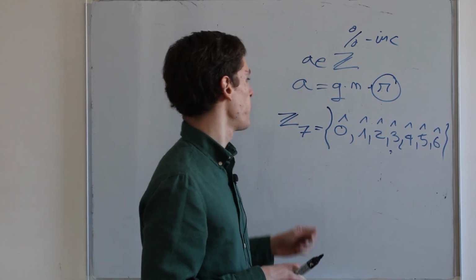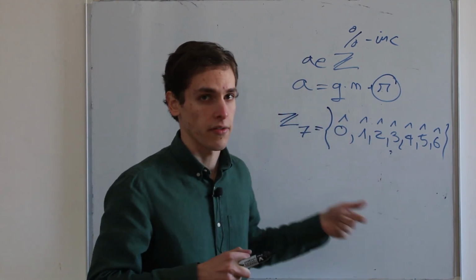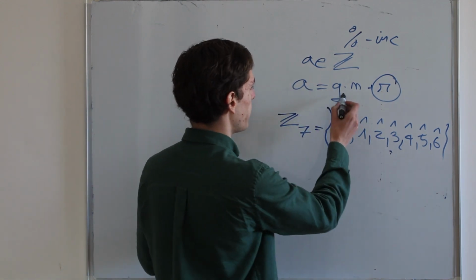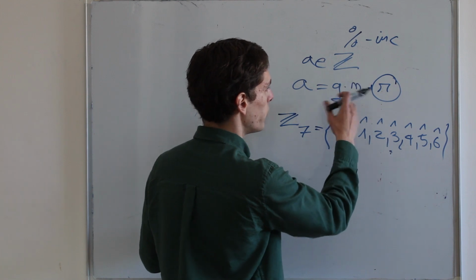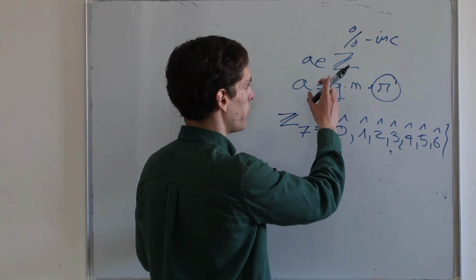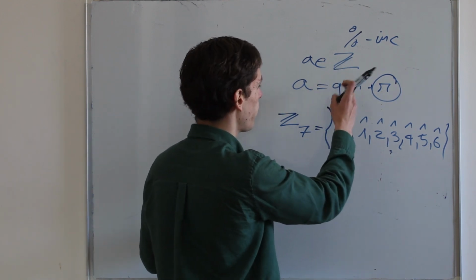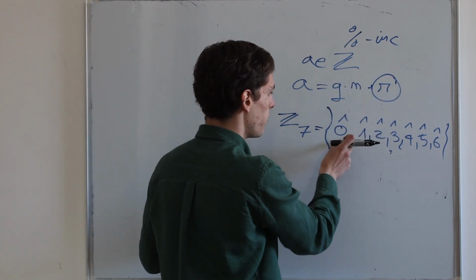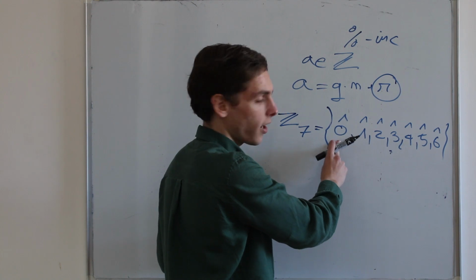So 0 represents 0, 7, 14, and so on and so forth. Any number that when divided by 7, in this equation q would be 7, any integer that divided by 7 would give us the remainder of 0 is represented by this 0 class.